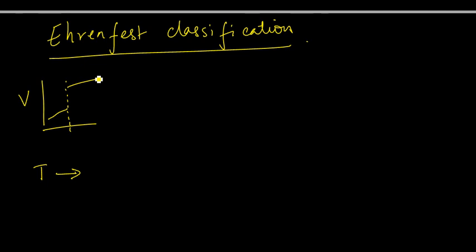It goes something like that. There's kind of a jump. There's a discontinuity, right? I could say molar volume if you prefer that, which is nothing but del mu by del P.